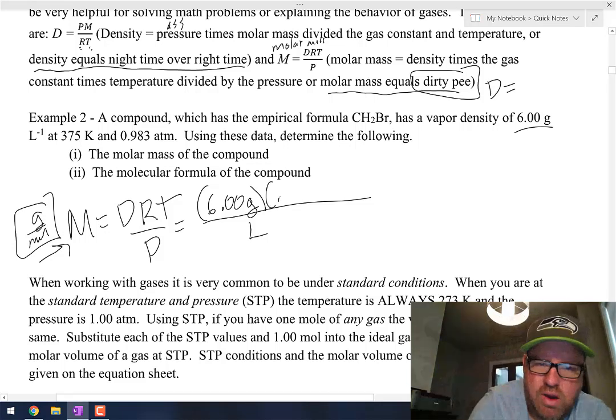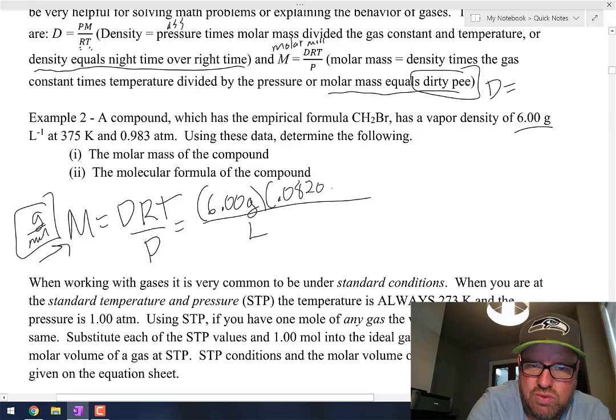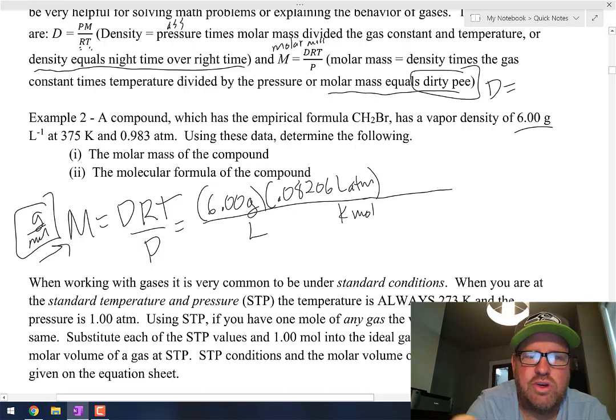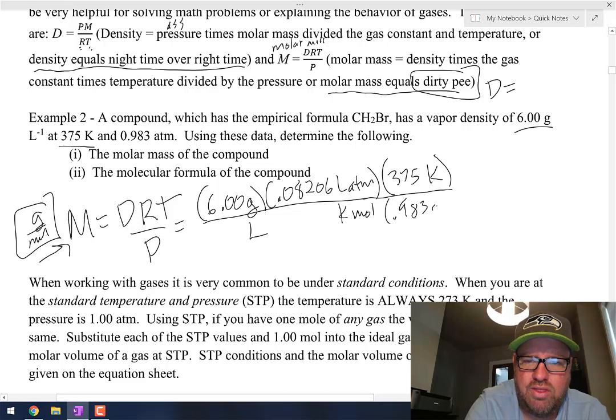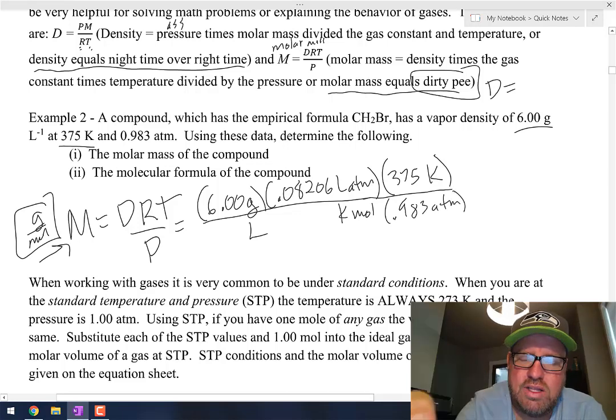So R is 0.08206 liter atmospheres per Kelvin mole. The temperature is 375 Kelvin. And the pressure is, again, it doesn't matter where you put it, 0.983 atm. Again, lots of units going on here. So let's go through.